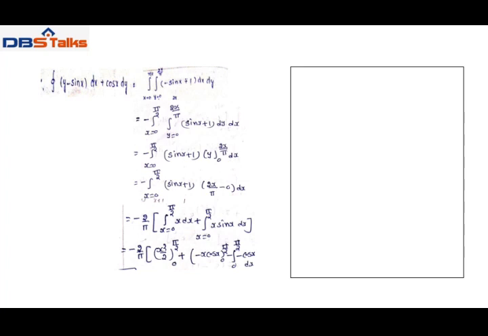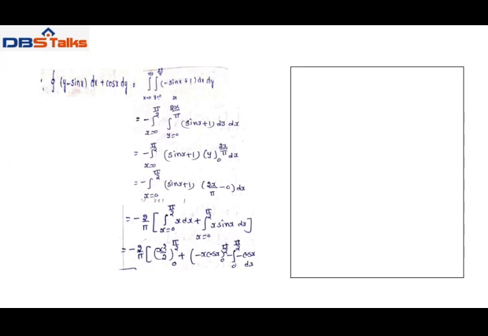So, separate the integrations. That equal to minus 2 by pi into, first integration is x square by 2 with the limits 0 to pi by 2, plus second integration we have to solve by using the formula integral u dv, that is minus x into cos x with limits 0 to pi by 2 minus integral 0 to pi by 2 of minus cos x dx.